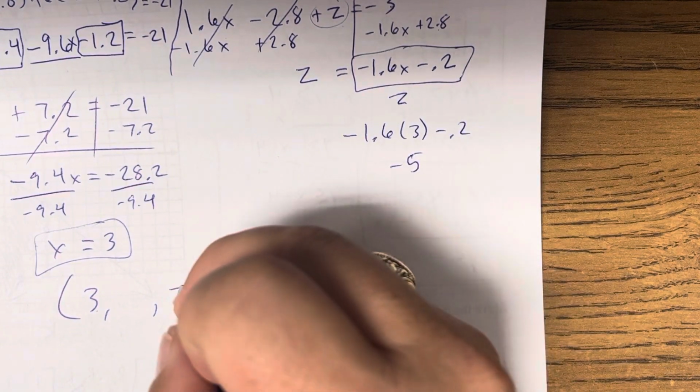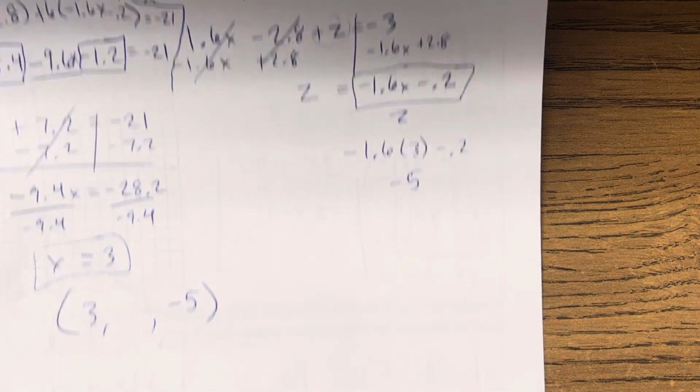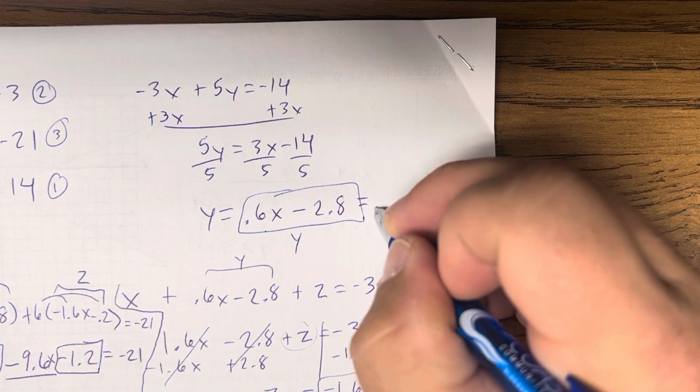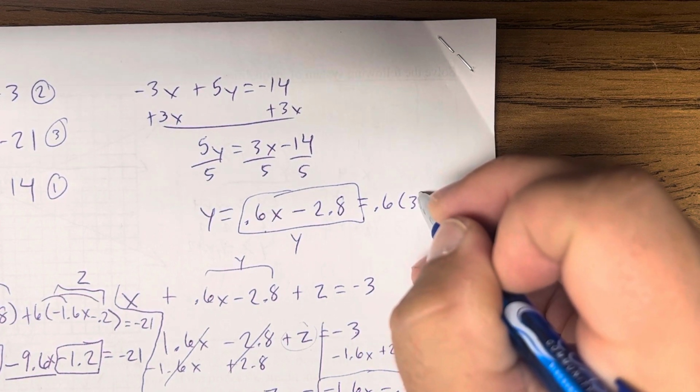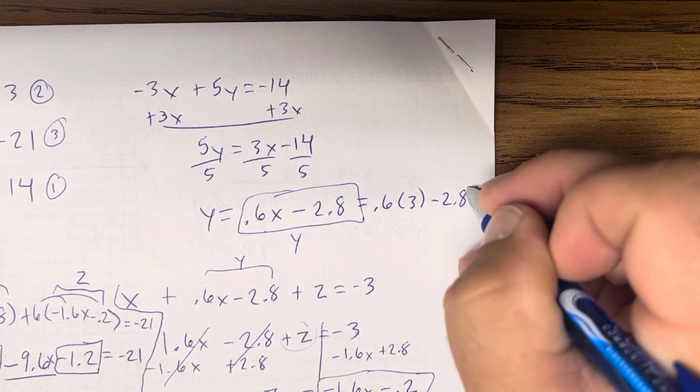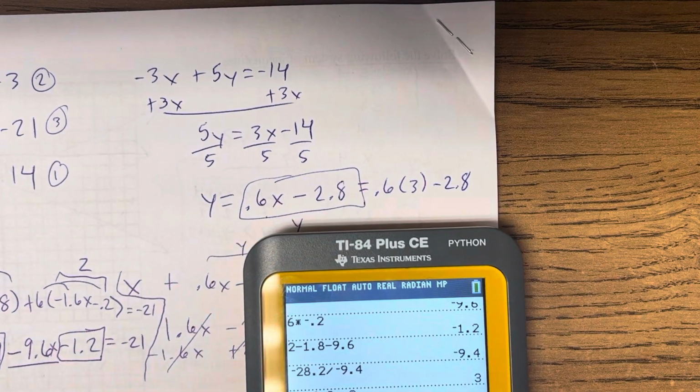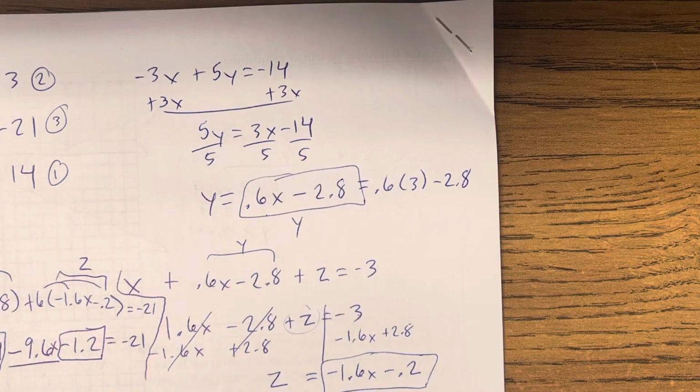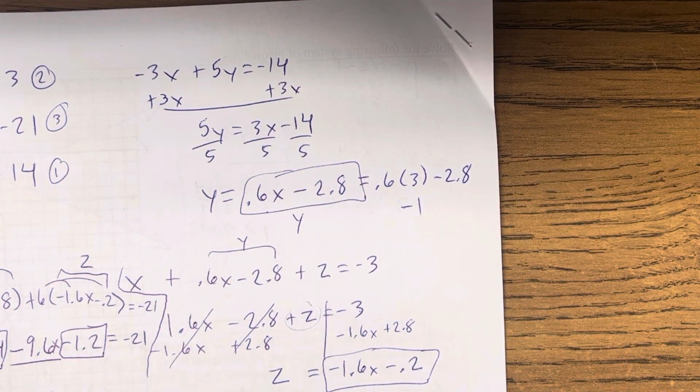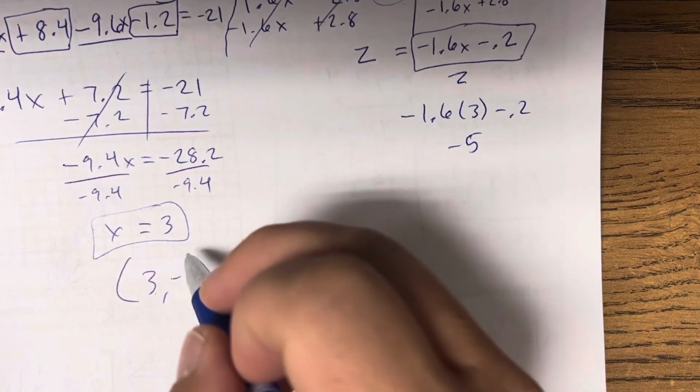So that's my z. And now I'll come up here to the y, so 0.6 times 3 minus 2.8 gets me negative 1. And so there's my answer.